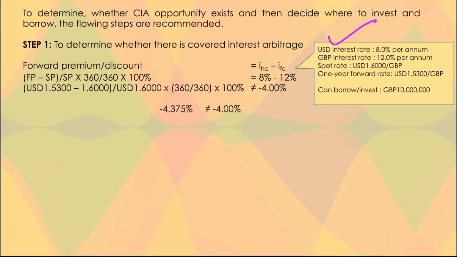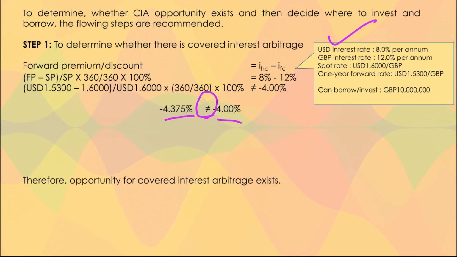Interest at home is 8% and interest at foreign is 12%. When we substitute all the values into the formula, the answer is negative 4.375 for forward discount, and the interest rate differential is negative 4. So there is a disequilibrium here, meaning that CIA opportunity exists.